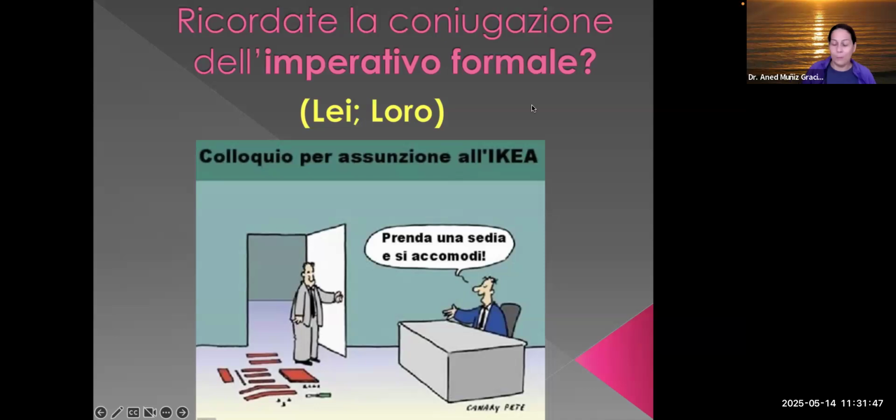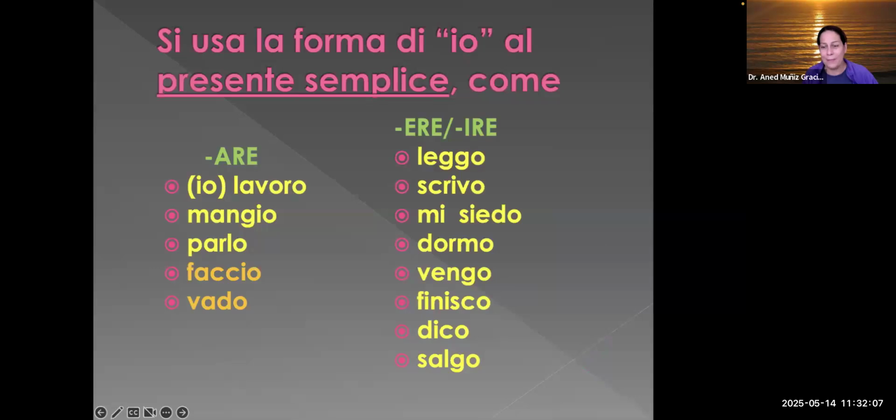We don't use thee and thou anymore, but there used to be degrees of formality. But here, prendere, this is an ere verb, and you see this is prenda. So it's like we put in the wrong ending, right? And yes, we do remember this from the formal imperative, although it may seem that it was so long ago. It wasn't that long ago, right?